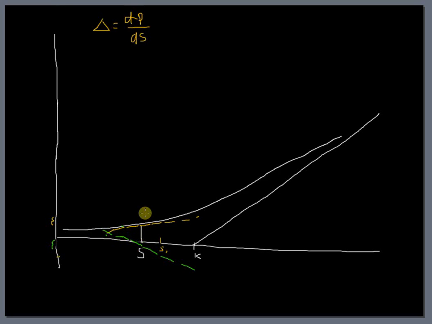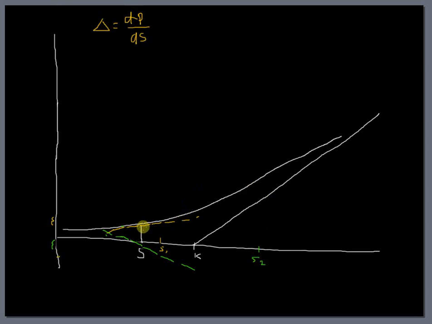Of course, for small movements in the spot, it's a good hedge. But we shall see later that for a larger movement, it's not a good hedge. Let's again imagine that the price moves to S2.